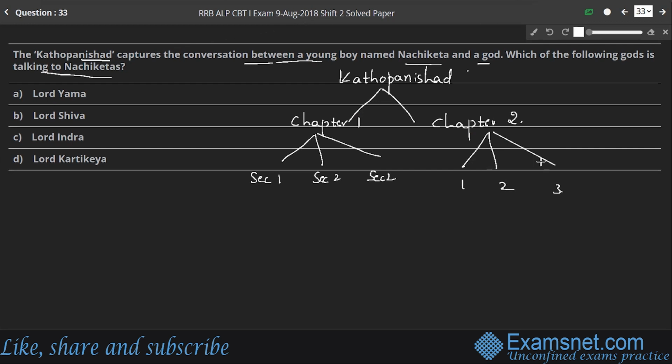It consists of the story of a little boy named Nachiketa. In section 1, it consists of the story of a little boy Nachiketa, who was the son of sage Vajasravasa.